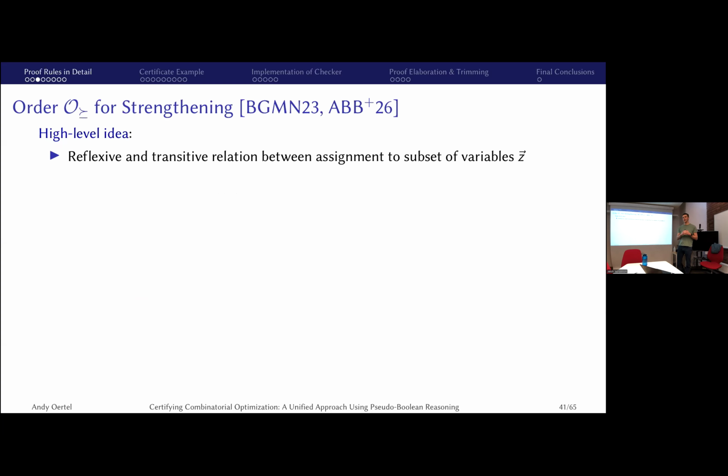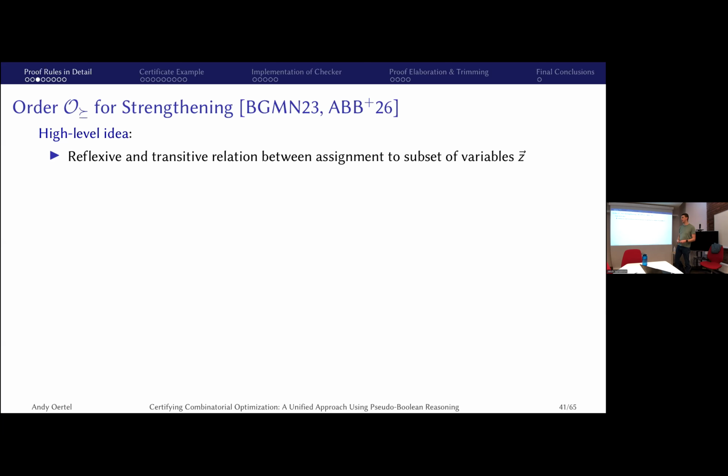The order should be reflexive and transitive, that's important. And you're comparing assignments, not full assignments, but only restricted to a subset of variables, where you want to compare whether this assignment is smaller than the other.